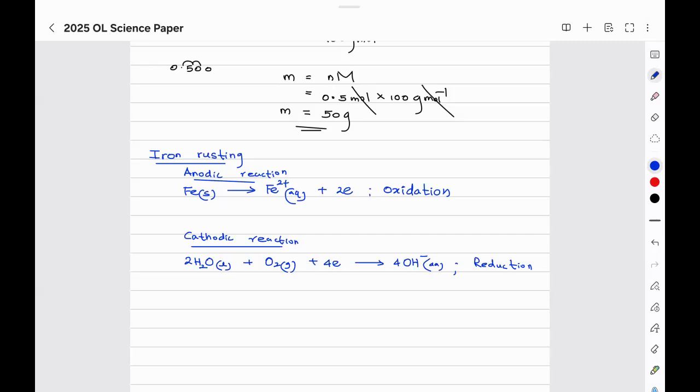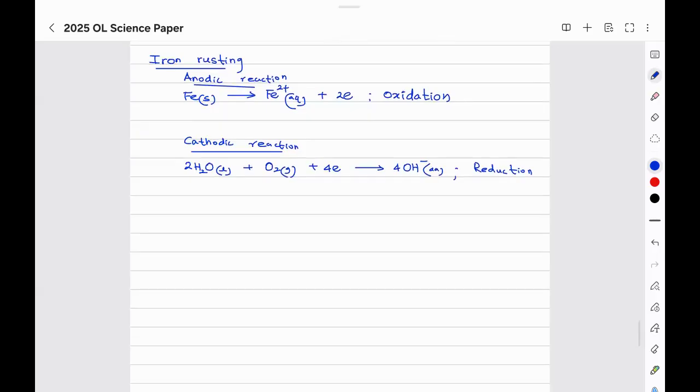Normally we know that in the atmosphere, oxygen and water vapor, that means H2O gas, are together.